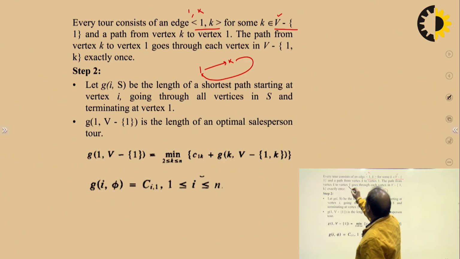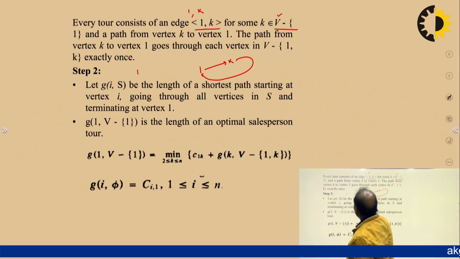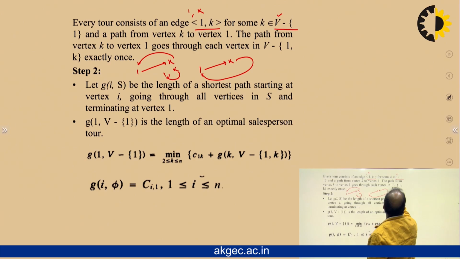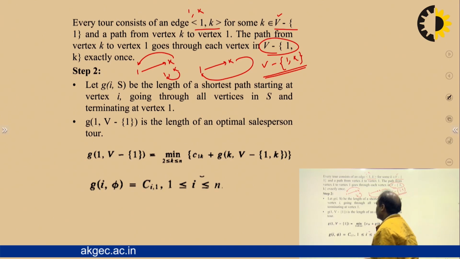The path from vertex K to vertex 1 goes through each vertex in V minus 1 minus K. Very simple. Suppose we are starting from 1, and 1 to K, then definitely K to 1 always. So if you are starting from 1 going through K, and remember K to 1 also, from K to 1 you are coming through V minus 1 and K, that is, whatever K we have taken is going to be excluded also.